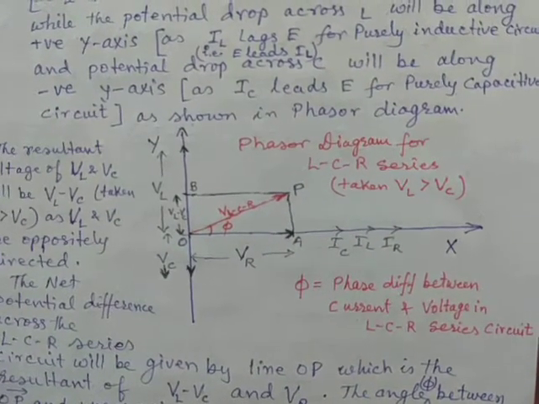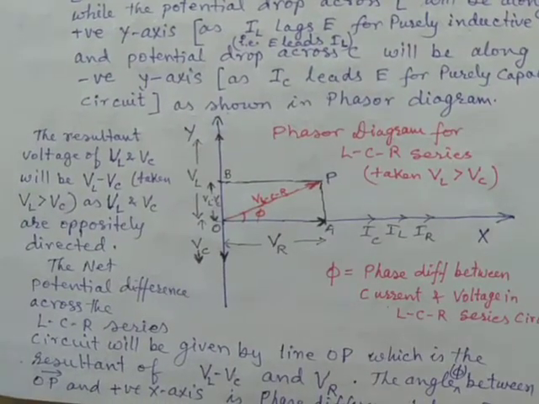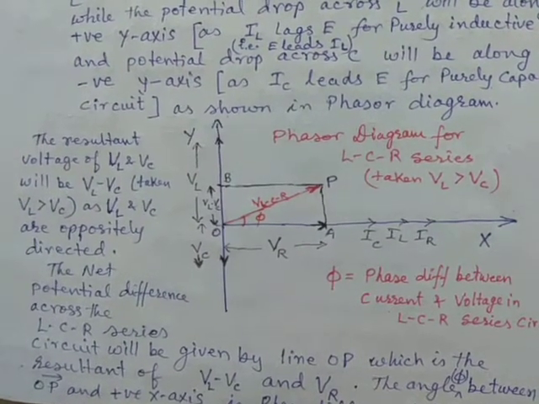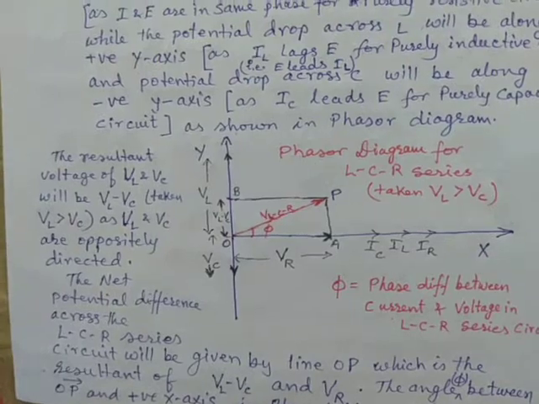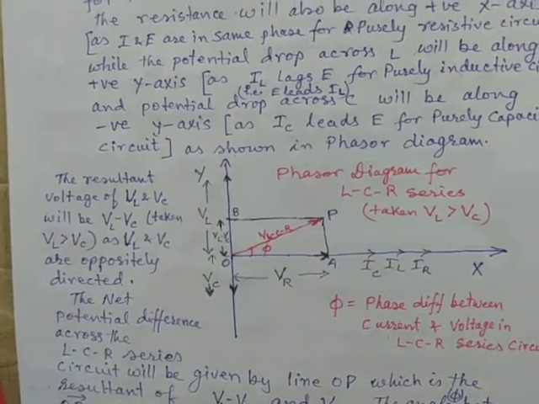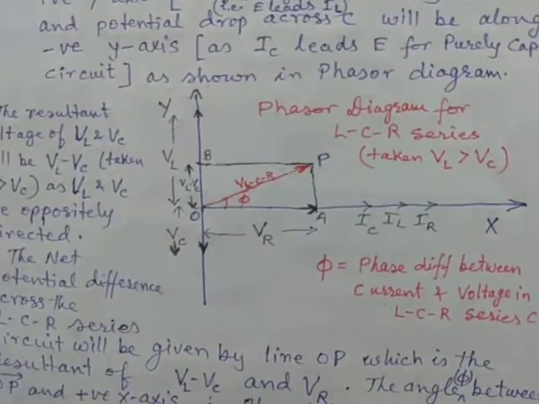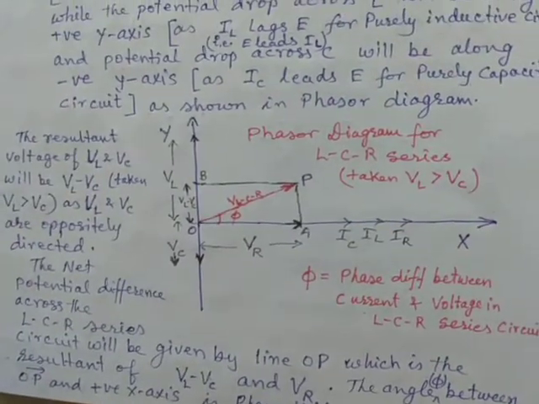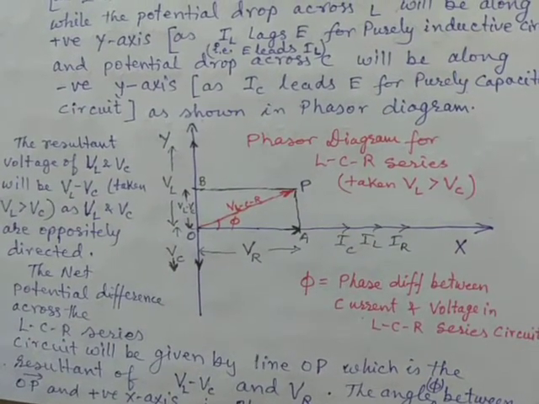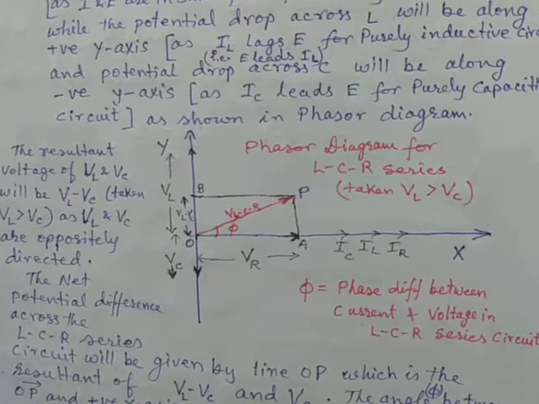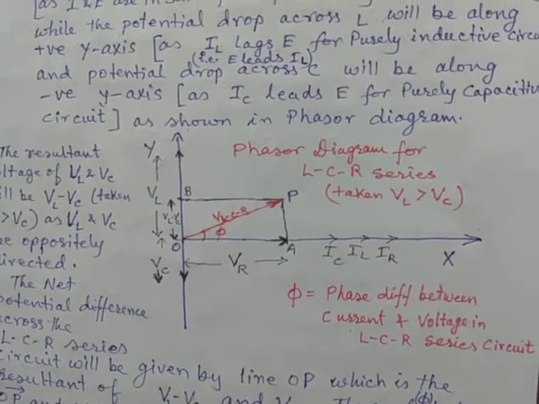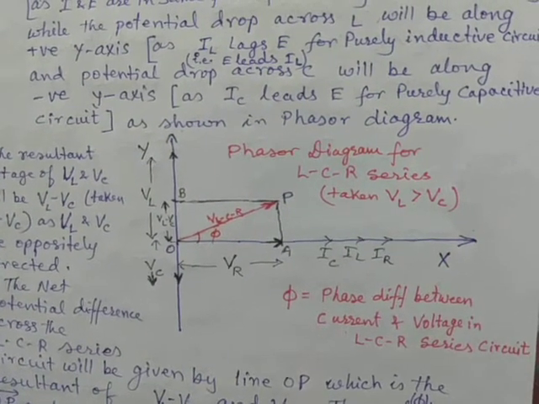Now since VL and VC are opposite to each other, the resultant of these two is along the y-axis, and in case we assume that VL is greater than VC, then the net voltage will be along the positive y-axis, and that will be VL minus VC.